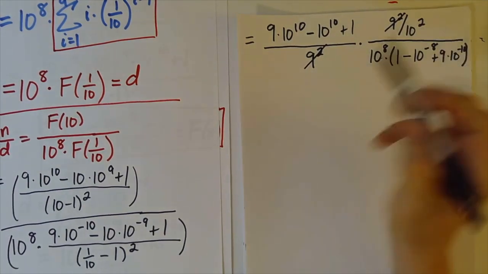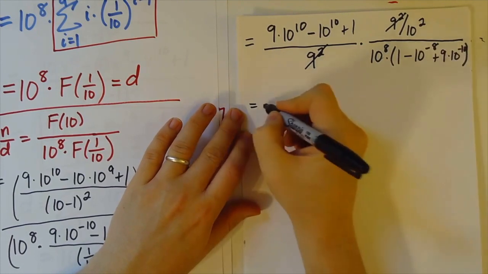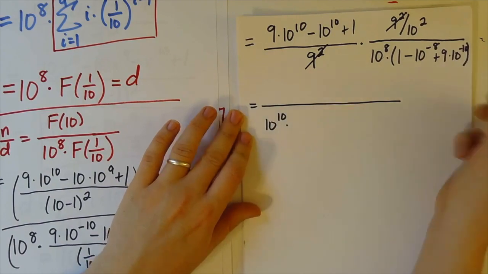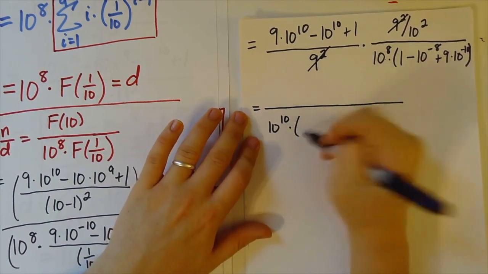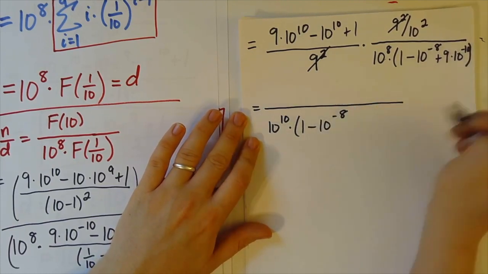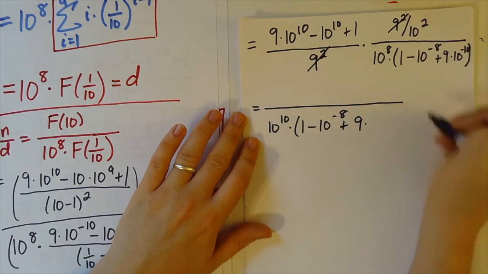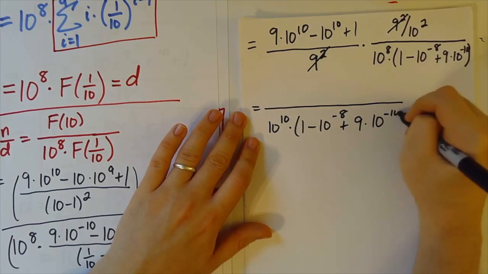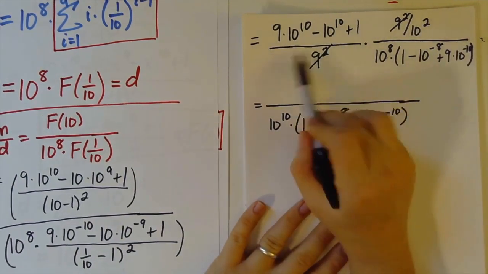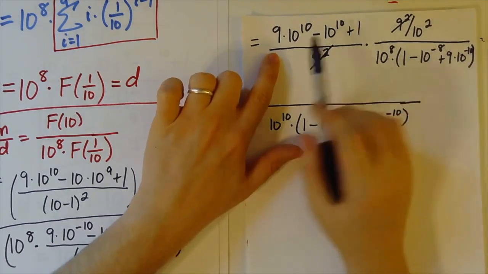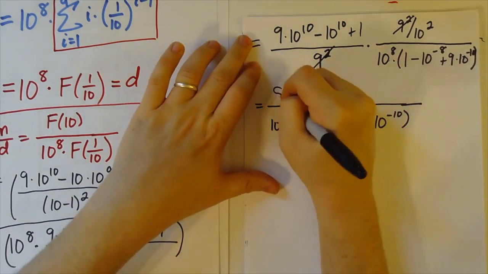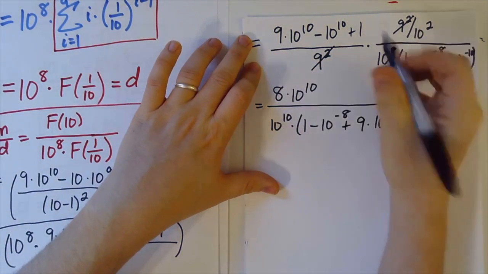This 10 squared is going to go join that 10 to the 8th in the denominator here, so that'll become a 10 to the 10th times, okay, and so the denominator here will be 10 to the 10th times 1 minus 10 to the minus 8th plus 9 times 10 to the minus 10th. Okay. And the numerator here, now we have a 9 times 10 to the 10th minus a 10 to the 10th. That's an 8 times 10 to the 10th plus 1.